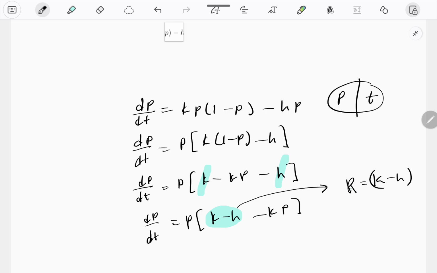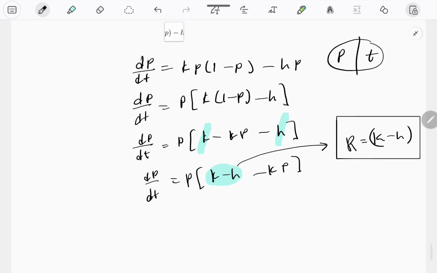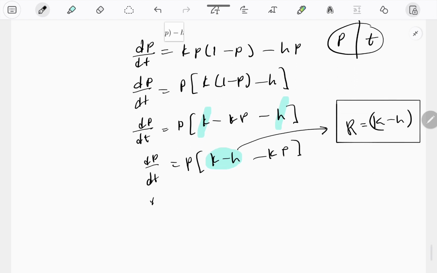This really brings no value in terms of how we solve our problem, it just makes things easy on our eyes. Cool. So dp/dt equals p times (R minus kp). This is our new constant. This is another constant, but it's with t, so that term is p. That term is not really a constant.